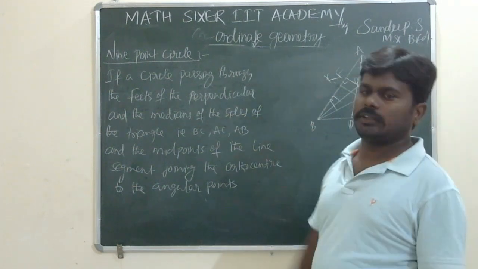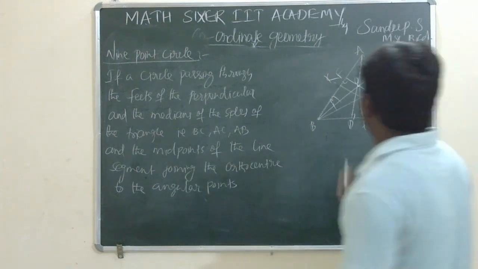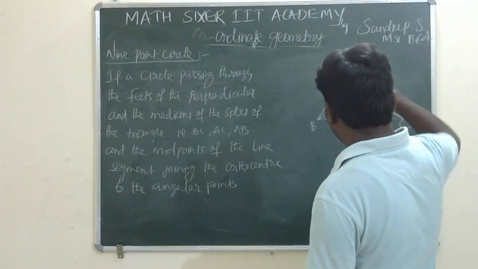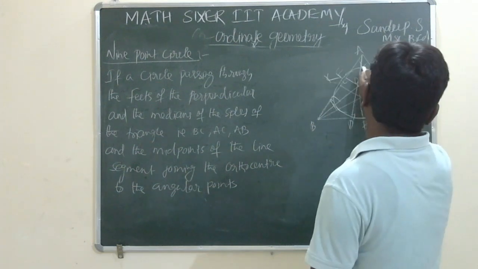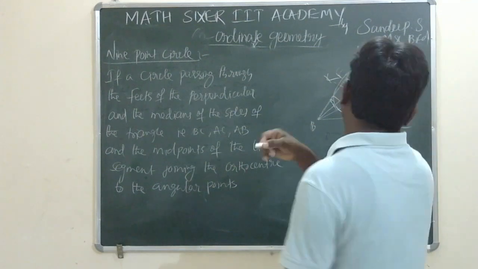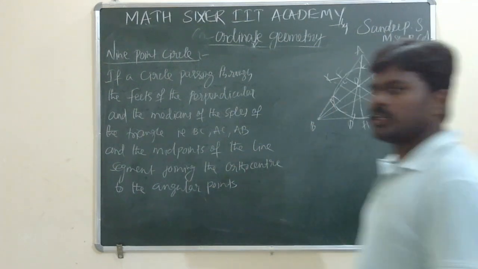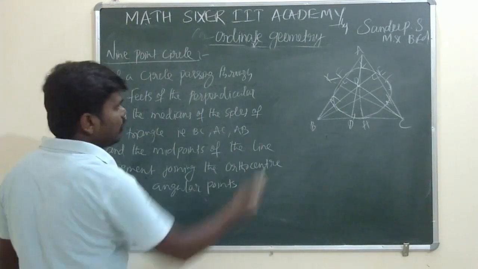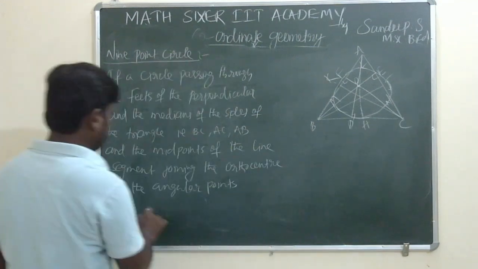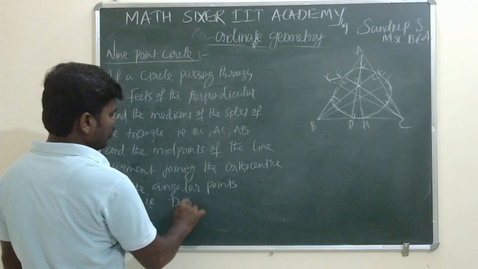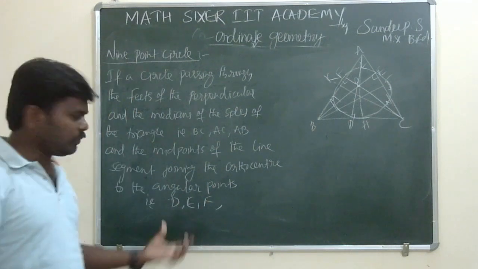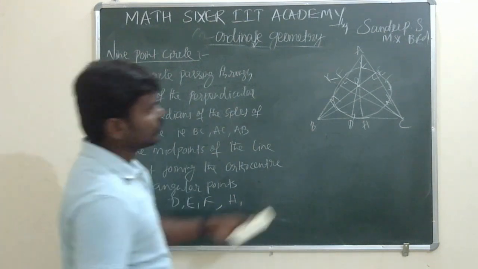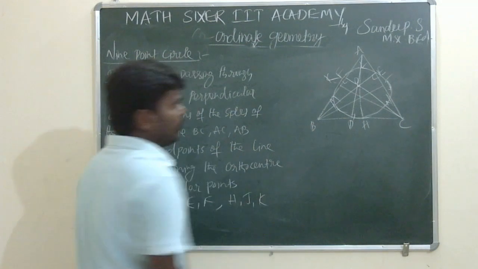If the circle passes through all these 9 points, then it is called the 9-point circle. So now you draw the circle passing through the points. This is the circle which passes through the 9 points. D, E, F are the feet of the perpendiculars. Next, H, J, K are the midpoints of the sides. Why didn't I take G?